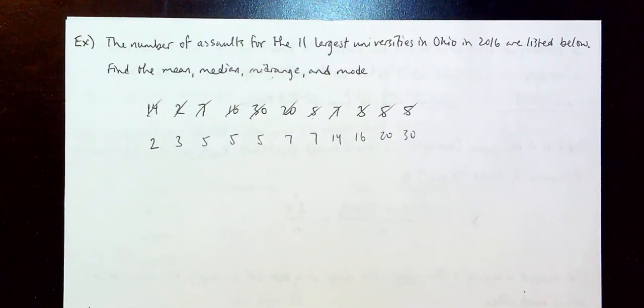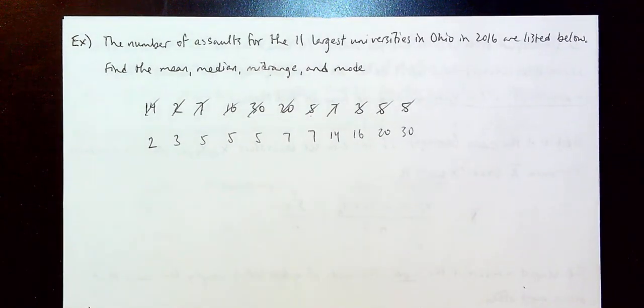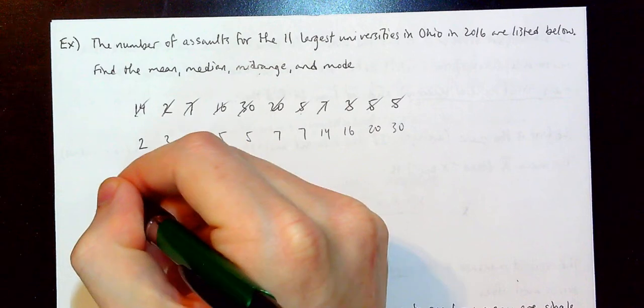So I've just taken all my data values and I've put them in increasing order. So now we can look at our data here, and we can nicely find what some of these values are.